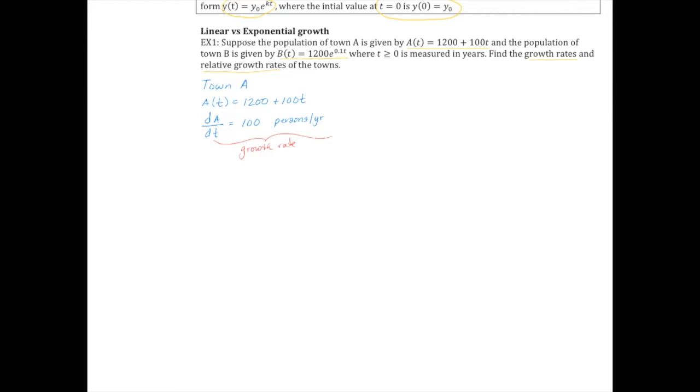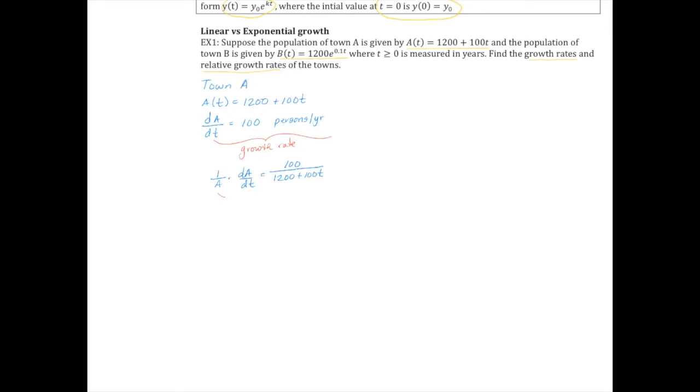To find the relative growth rate, all we do is take that growth rate and divide it by our function A. So the relative growth rate is equal to 100 over the function, which was 1200 plus 100 times t.